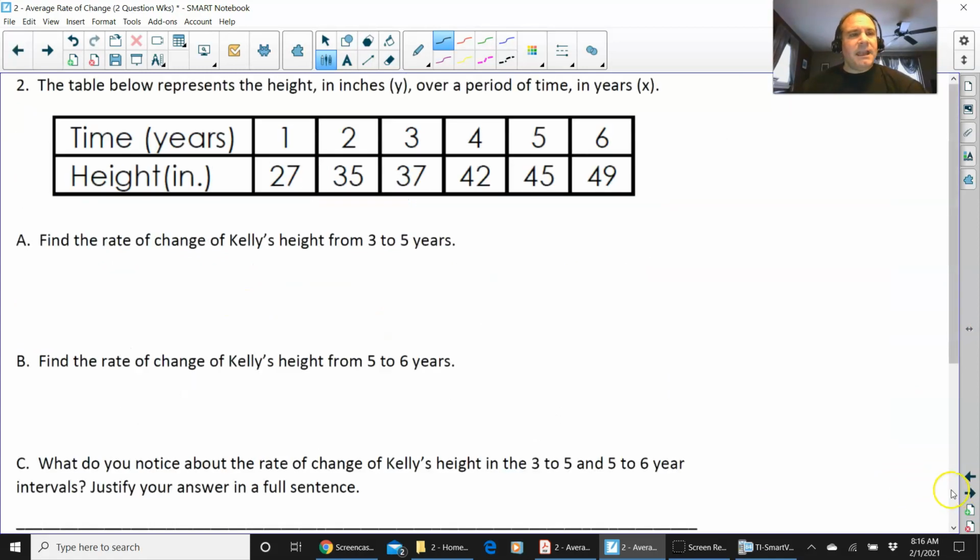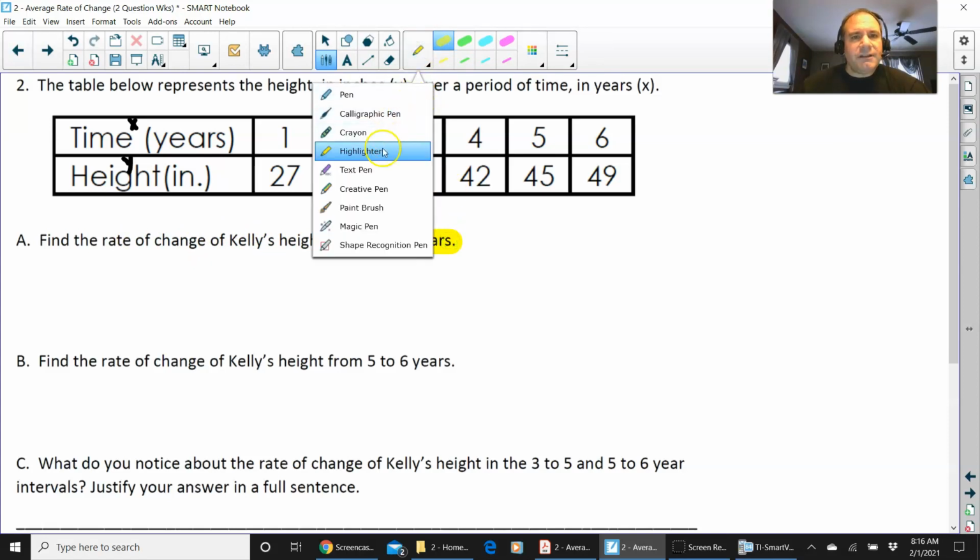All right. And for number 2, the table below shows the height in inches y over the period of time in years x. So years x, height y. Find the rate of change of Kelly's height from 3 to 5 years. They're telling us 3 to 5.